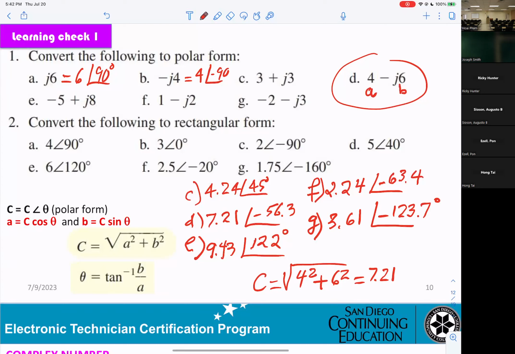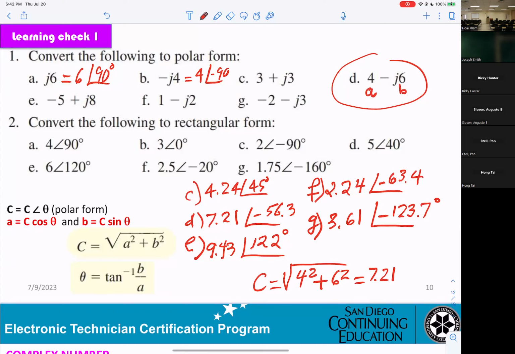Wait a minute. So it's 6 divided by 4. It's minus 6 divided by 4?